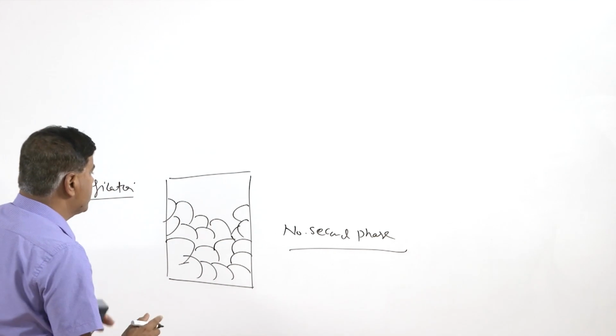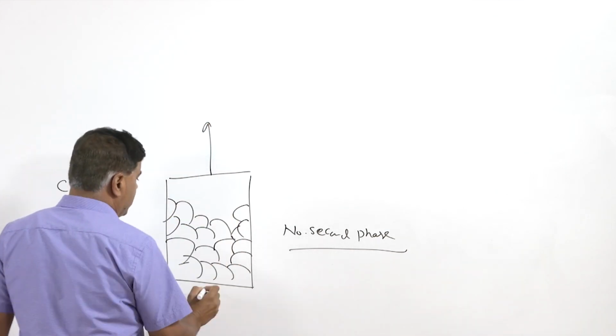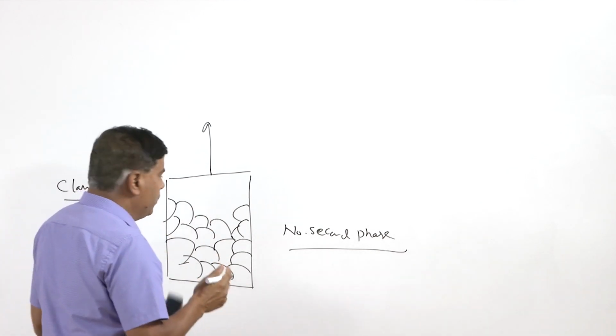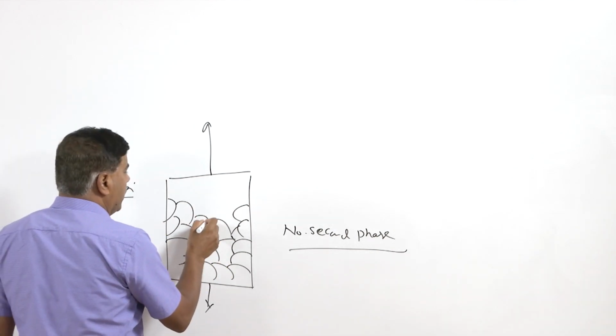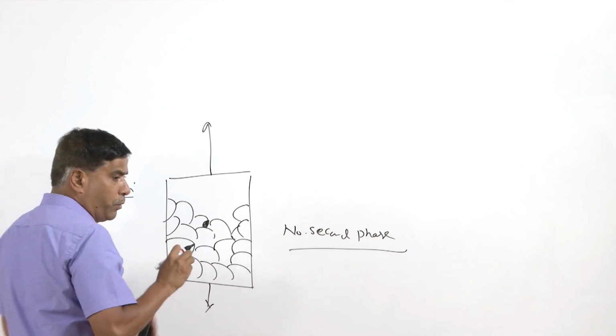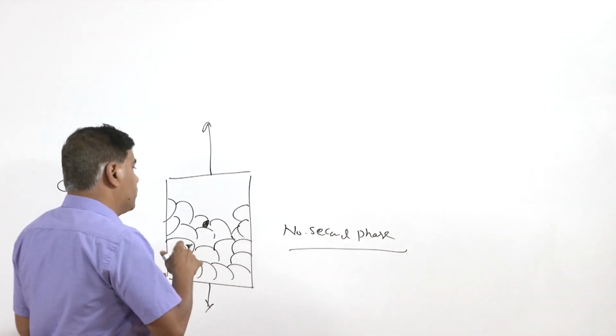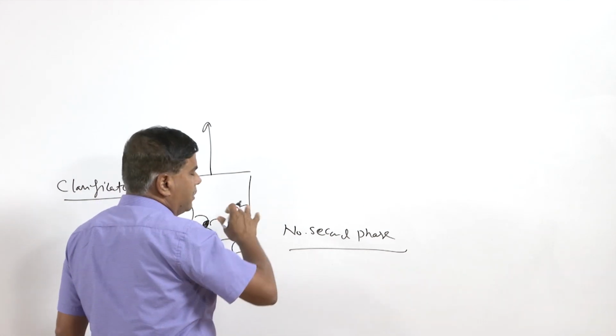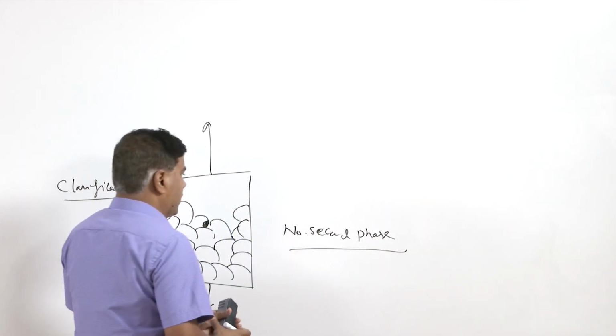In this case the material will show extensive ductility, because there is no second phase from where voids can nucleate due to the differential change in dimensions, which can lead to cracking.